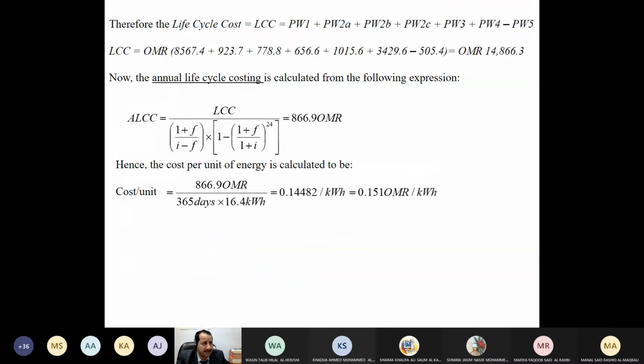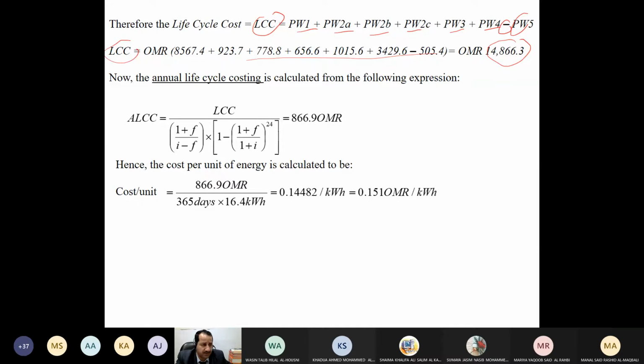Now let's find the life cycle cost. Life cycle cost represents all previous present worths, adding them, minus the salvage. So I substitute, as you can see here, I got this amount. This is the total amount of the life cycle cost. But still, I need to calculate the cost of energy.